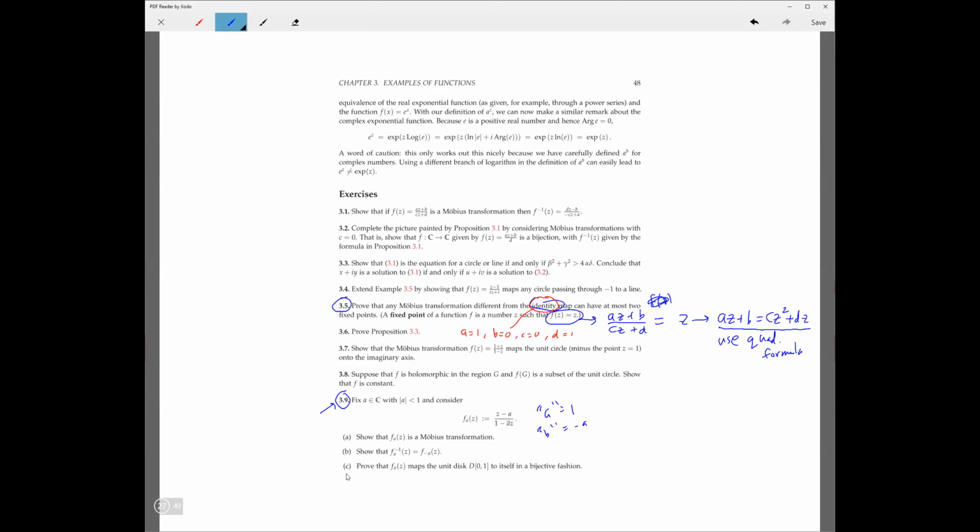Okay. What about part C? Anybody have any problem with part C? Is that just like 1, 2, 1, then on 2 by like? Yeah. All Mobius transformations are pretty much this, as long as A. So that part you don't have to worry about so much. The main thing is showing that it maps the unit disk to itself.